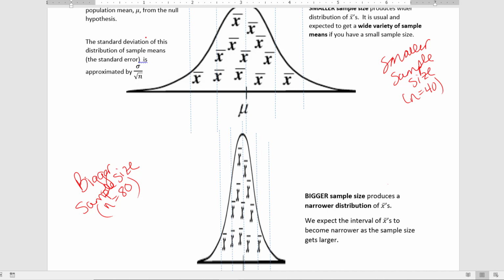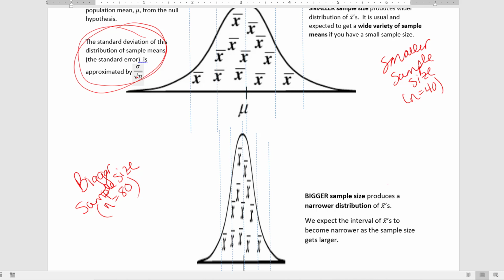Well, the answer lies in that formula for standard error. Remember, standard error is the standard deviation of this distribution of sample statistics. And when we have quantitative data like this, it is given by the formula sigma over square root of n. We were told in this problem that sigma is equal to 10.